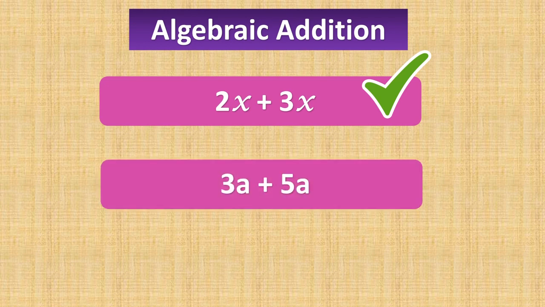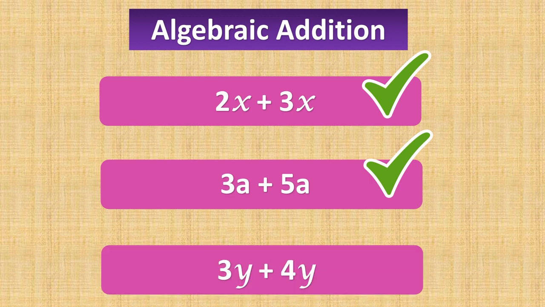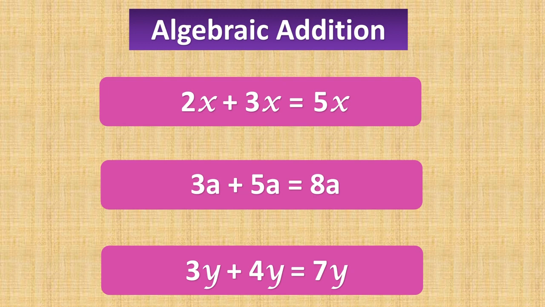Can these two terms be added together? Yes, they can, because these two terms have a single variable a. And what about this? 3y plus 4y. Can these two terms be added together? Yes, they can, because again, they have a single variable, y. These are the answers to the previous problems.